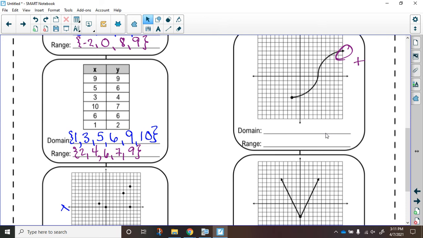My x value, I'm looking at all of the numbers greater than negative 2. So that means x is greater than or equal to negative 2. And then my smallest y value is right here, negative 1, 2, 3, 4, 5. So this means that all of my y values are greater than or equal to negative 5.